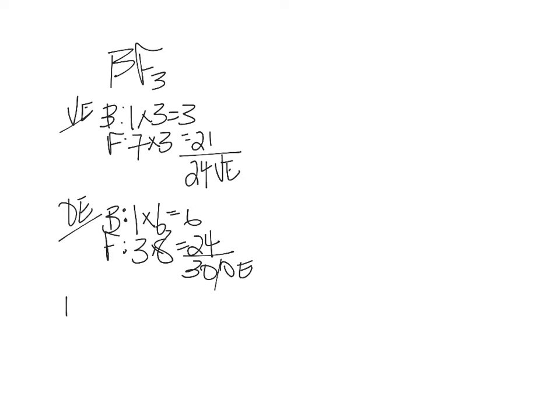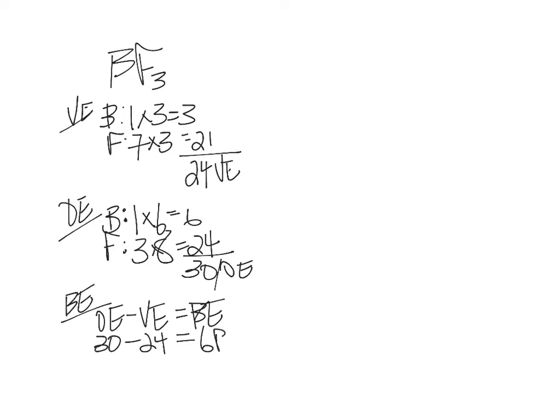Then bonding electrons will be octet electrons minus valence electrons. For octet electrons, it's 30 minus valence electrons, which are 24, which equals 6 bonding electrons. Number of bonds will be 6 divided by 2, which equals 3 bonds.